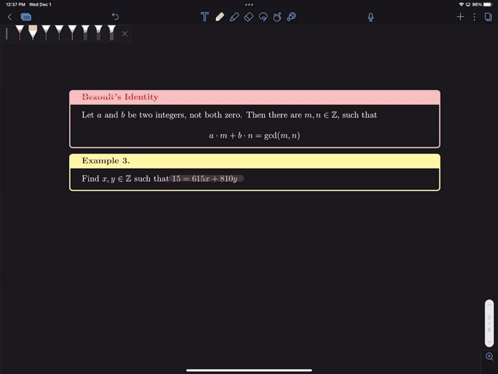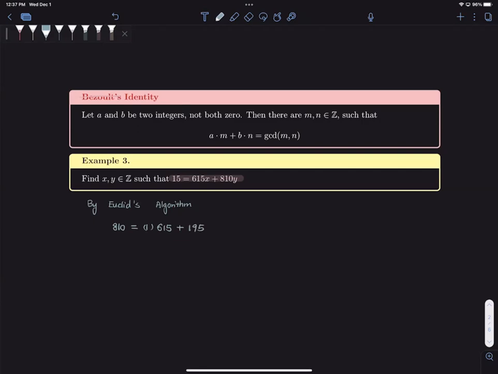So let's use it. We have 810 equals 1 times 615 plus what is this? 195.